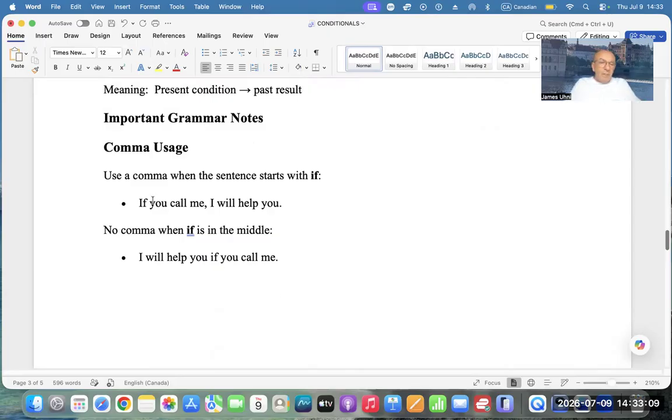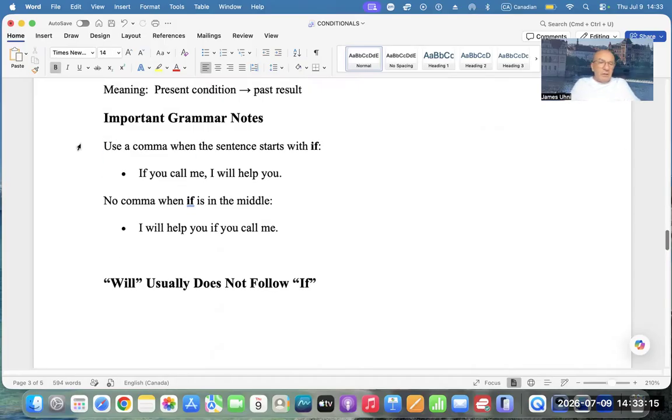So this is, okay, I will delete this one. And I would say these important grammar notes are: use a comma when the sentence starts with if clause, and no comma if it is in the middle of the sentence. Okay?